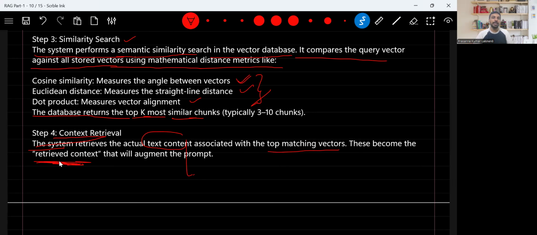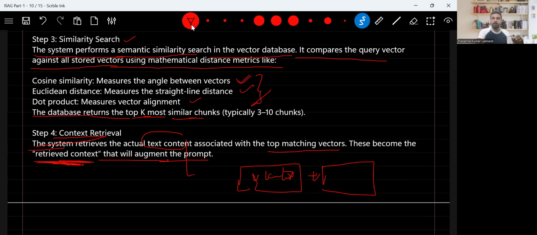This retrieved context will be used to augment the prompt. That means it gives the top k similarities, and now we will augment them to your prompt.